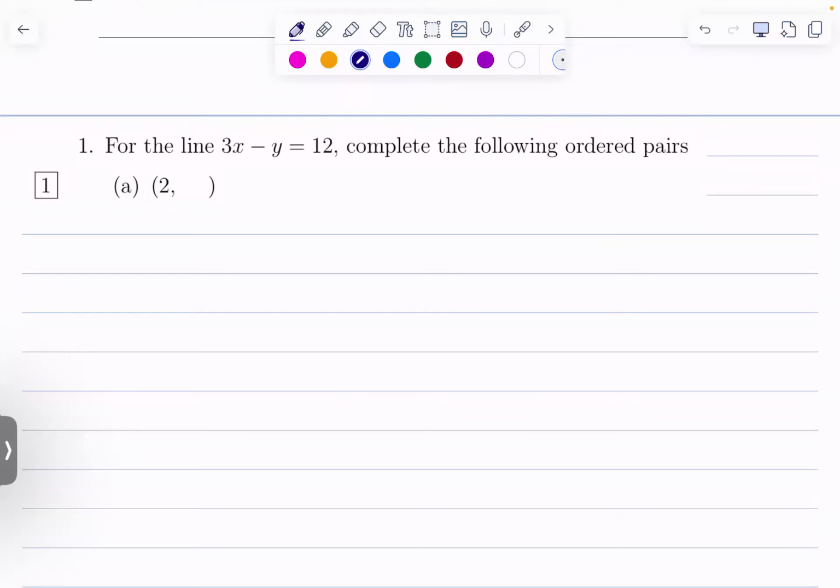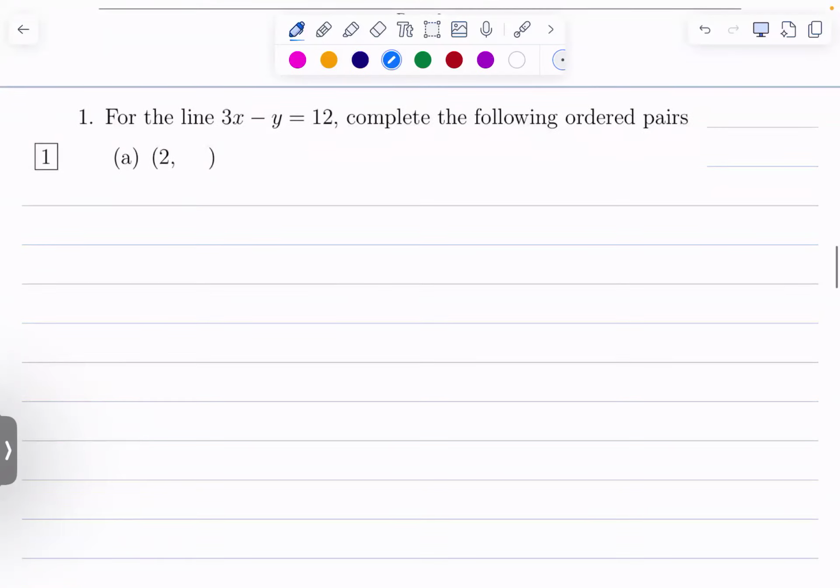It implies that you know that they're written like this, x comma y. We're forcing x to be 2 and we're solving for y.